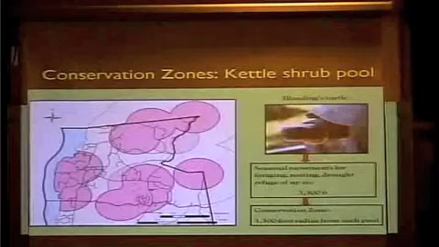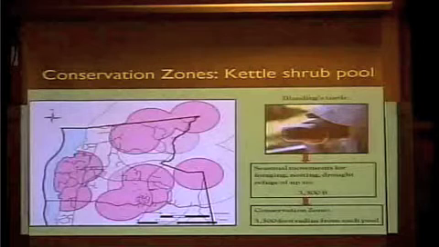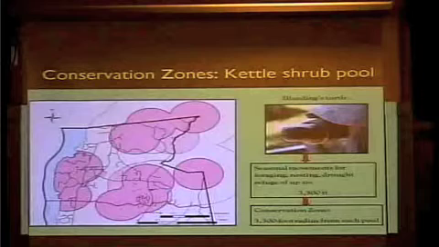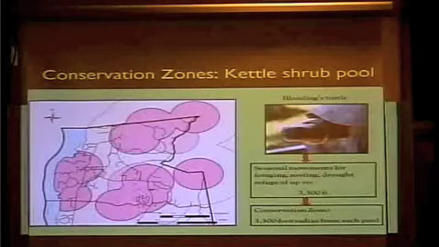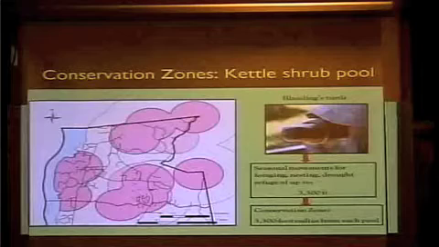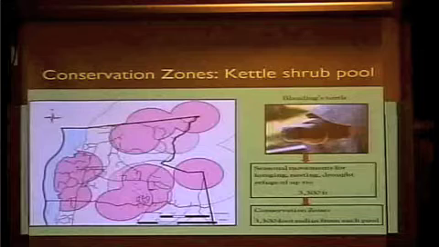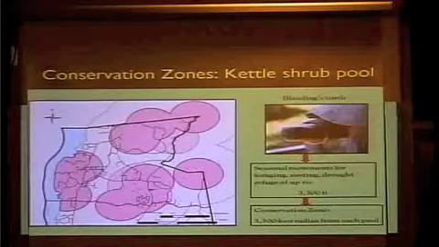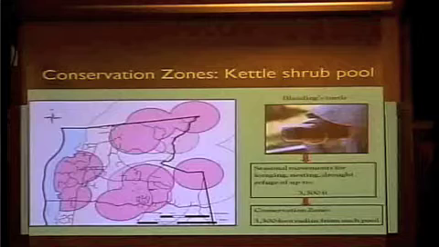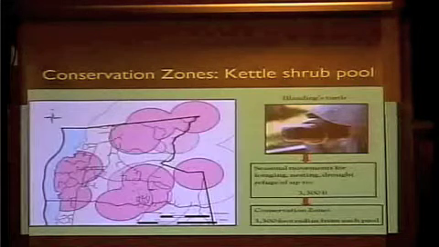This map shows the conservation zones around kettle shrub pools, which are the typical core habitat for the Blanding's turtle. They use large parts of the landscape during the warm months for foraging, for resting, for nesting, and then they usually return to their kettle shrub pools for the winter and spring.